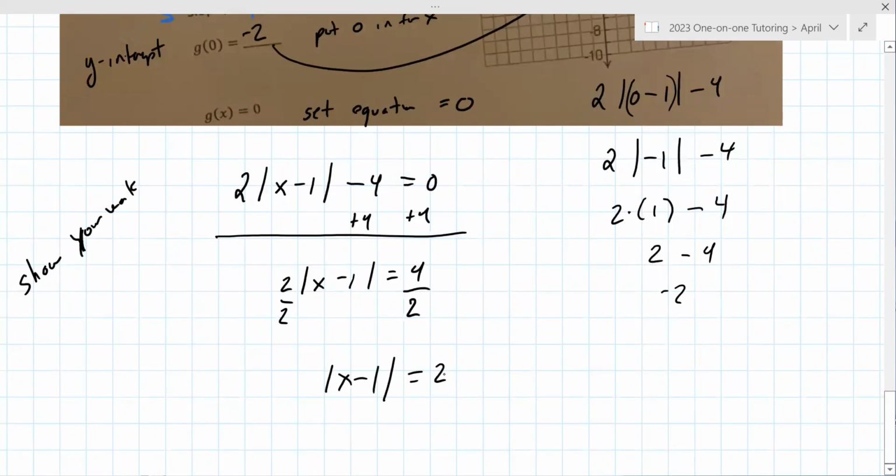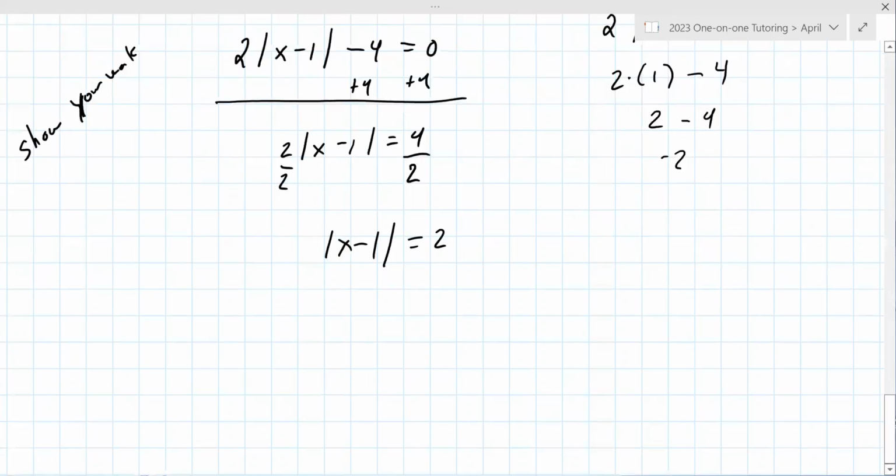So go ahead and get caught up to this point, and then we can talk about what to do, because this may be something we haven't seen in a while. Okay. I got it. All right. So absolute value ends up being kind of this case 1, case 2.